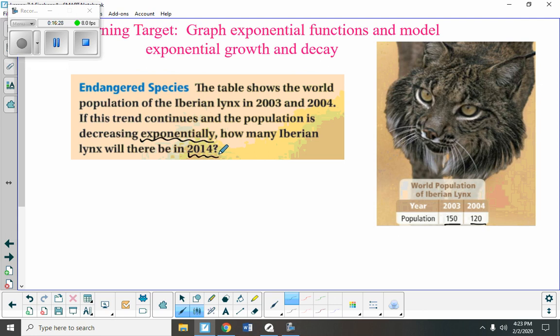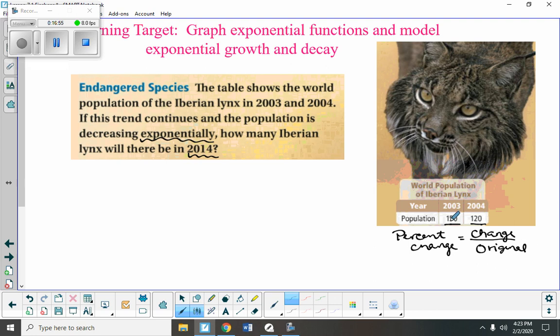First of all, we need to calculate what rate it is changing here. Percent change can be found by taking the amount of change, so figuring out how much it changed from the beginning to the next time period, and then divide that by your original.